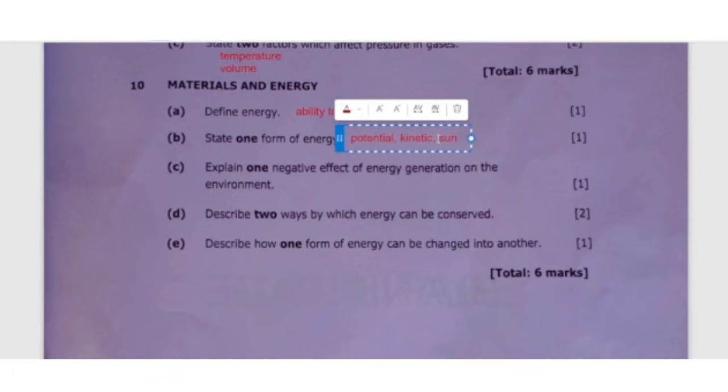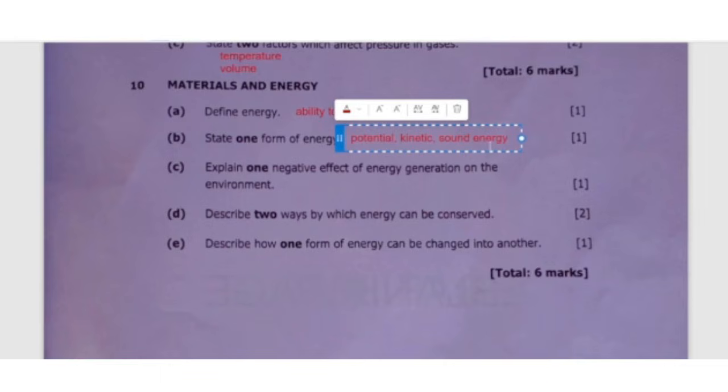So sound energy. So you can pick any. So I'm saying potential energy or kinetic energy or sound energy. There are so many forms of energy. There is potential energy, kinetic energy, sound energy, light energy, mechanical energy, electrical energy. There are so many forms. So just master these three.